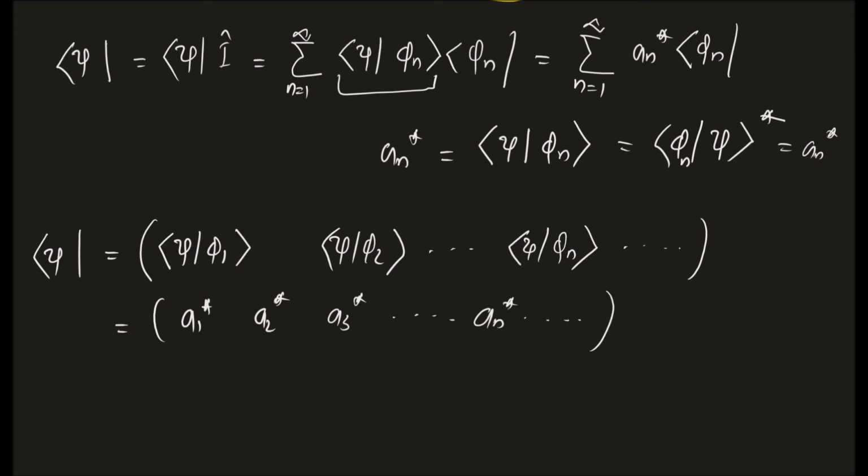So it's a row vector of complex numbers, that is, the complex conjugates of these coefficients.